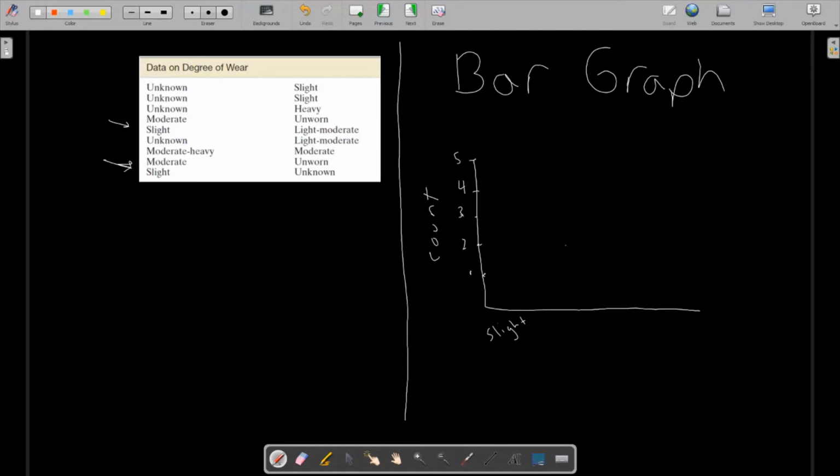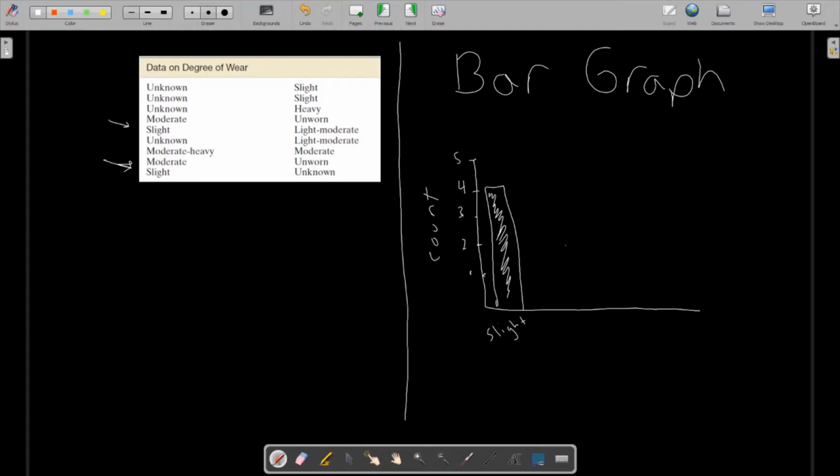And so we have 4 slights. And so we would then draw a bar going up to 4. And we can shade it in too, if you please. Okay, and so that would be the bar for slight.